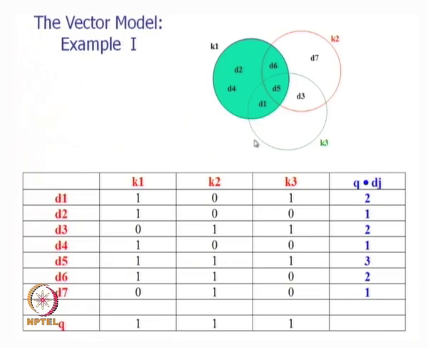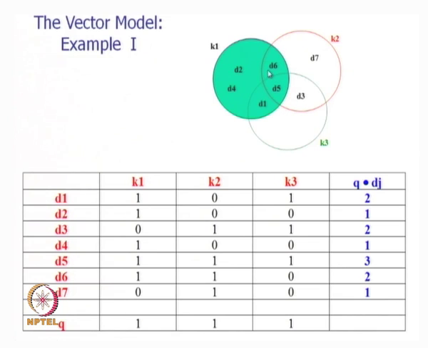Now, we take an example to understand the vector model, the effect of the weightage. So, here is a Venn diagram like picture. There are 3 keywords K1, K2 and K3. The blue circle shows that in the circle of K1 there are D2, D6, D5, D1 and D4.